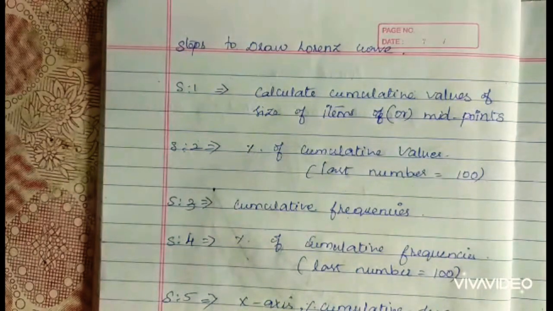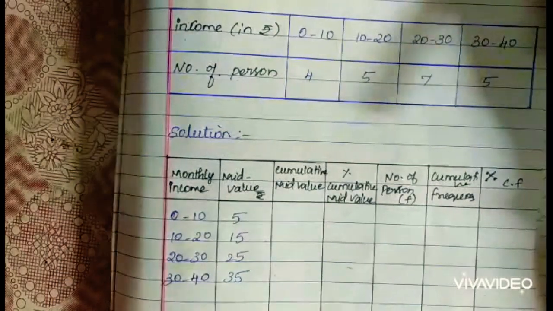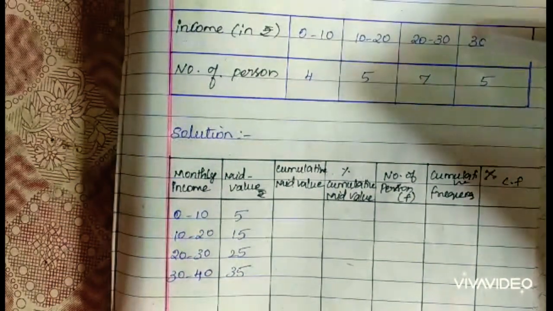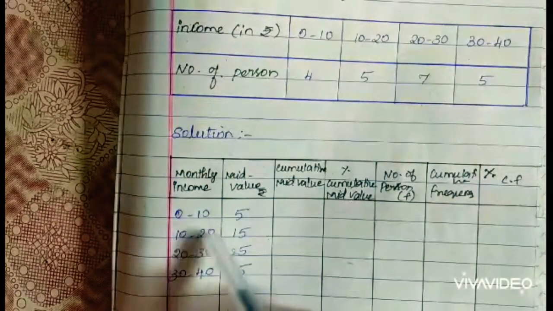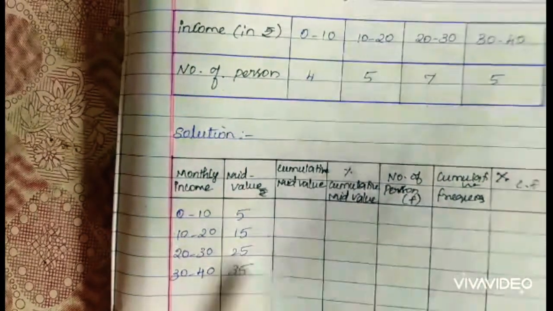Now we are going to see how to draw a Lorentz curve. It follows some steps, and we will follow them with one example. In the question, the income class interval is placed in the monthly income column. Then we have to find the mid value. How to find the mid value?